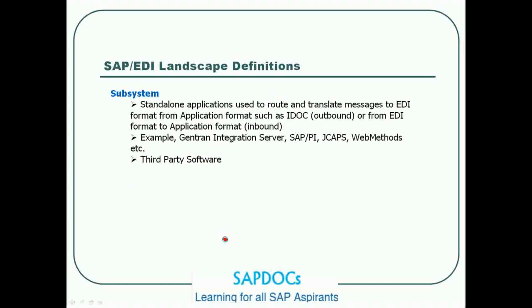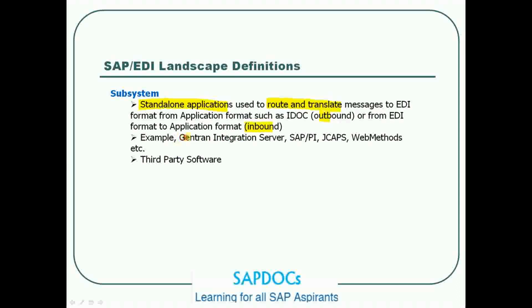For the subsystem, this is also a standalone application, and the main function of the subsystem is to route and translate messages from application format such as IDOC to EDI format in case of outbound, and from EDI format to application format such as IDOC in case of inbound.